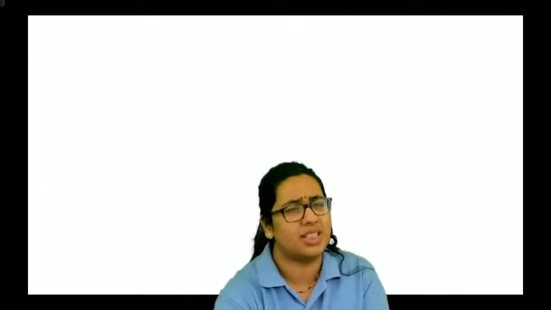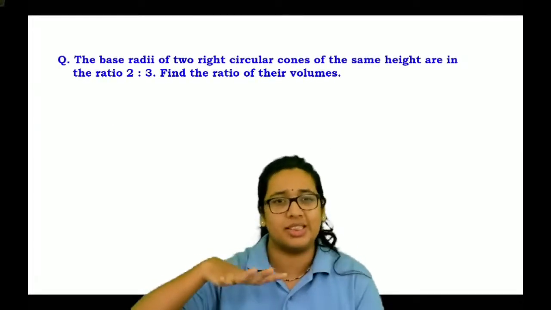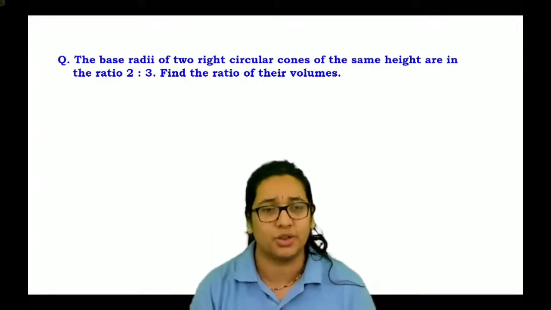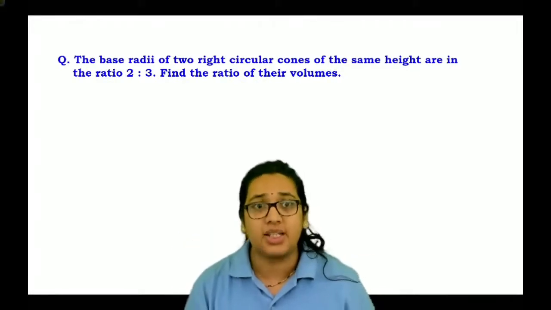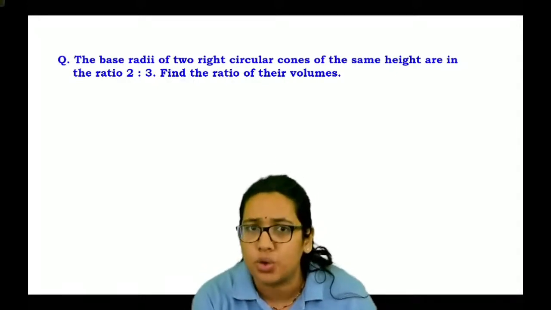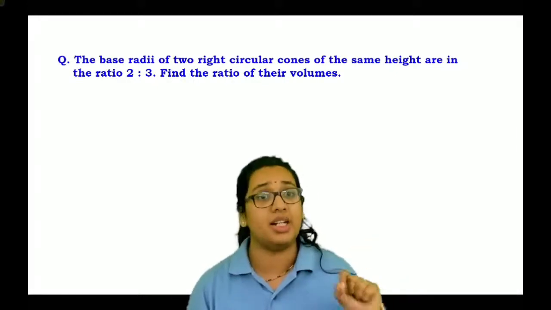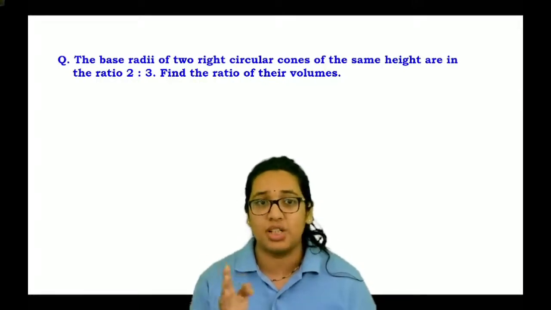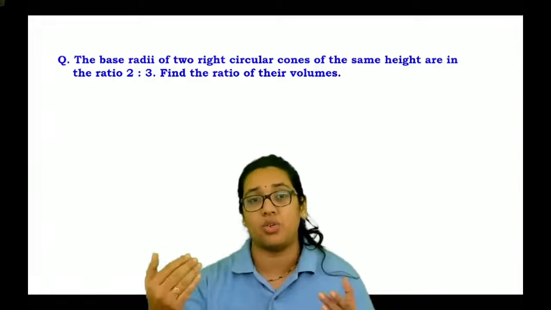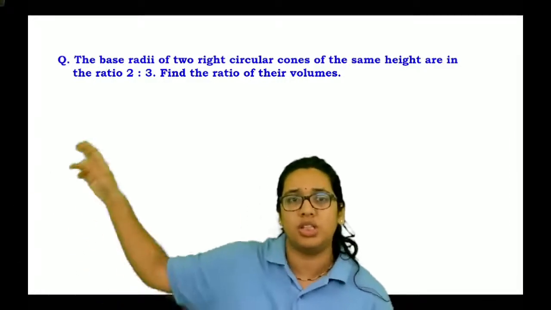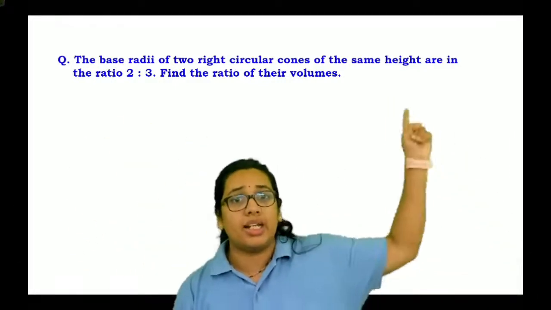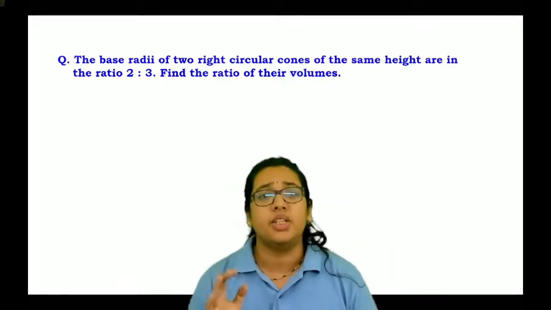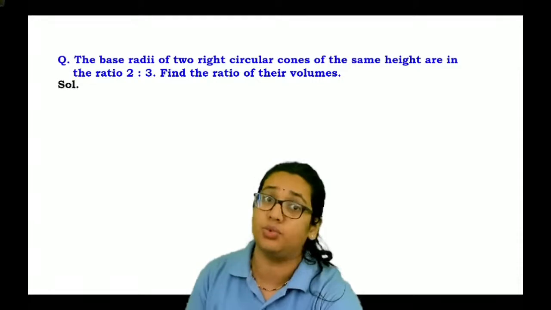As I told you, all these questions are very easy types. Let us go a little further. Look, the base radii of two right circular cones of the same height are in the ratio 2:3. It means the value of R1 to R2, or R1 upon R2, was given as 2/3, and they are of the same height. Then you have to find the ratio of their volumes.